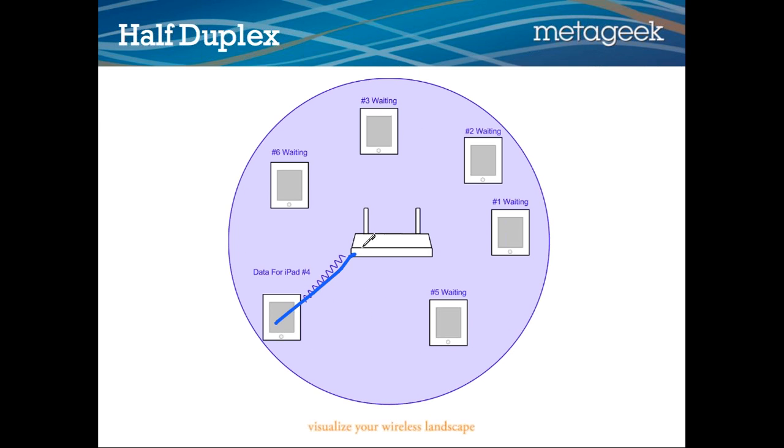And right now, iPad number 4 is currently transmitting some data to the access point. While that transmission is occurring, all of these other devices are going to be quiet. They're all going to wait for their turn to talk. If any of them were to talk right now, they would interrupt that transmission and it would have to be resent. Only one device can talk on any given channel at any given time.